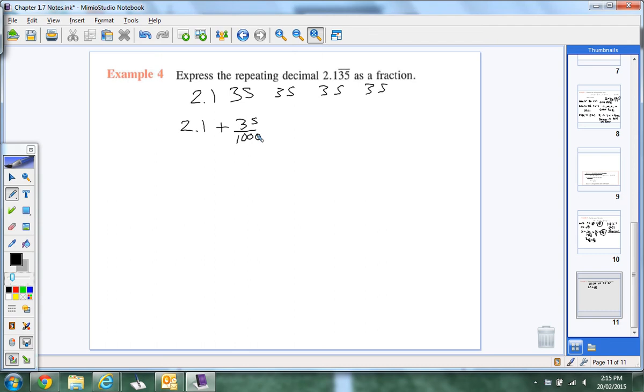If this is 1,000, what's the next one? 10,000, 100,000. So this would be 35 over 100,000. And the last one, just for fun, would be 10 million. And that would just keep going.